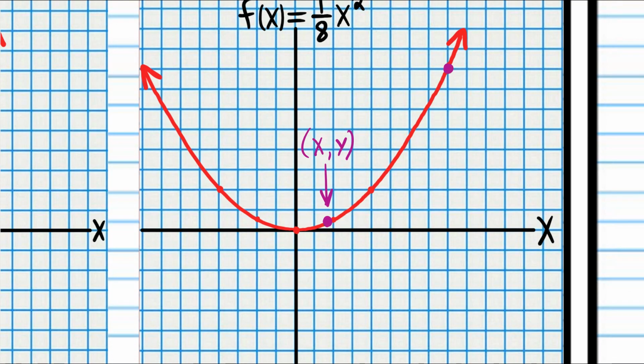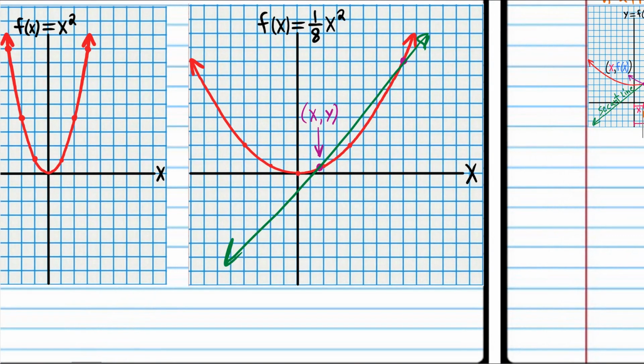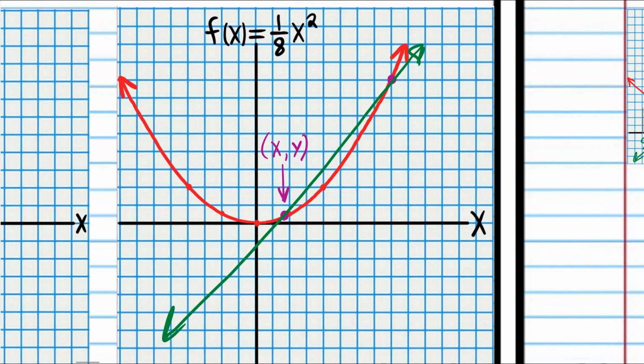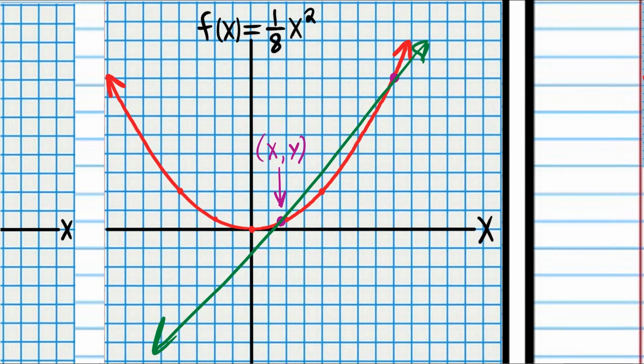The secant line is the line that goes through these 2 points. The slope of that secant line is what we call the average rate of change in this interval. We just define the slope of the secant line to be the average rate of change. That's a definition. It's just defined as the average rate of change of the function between these 2 points.